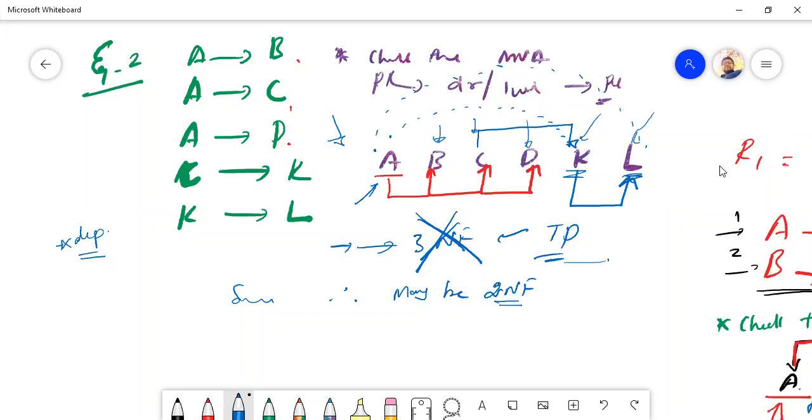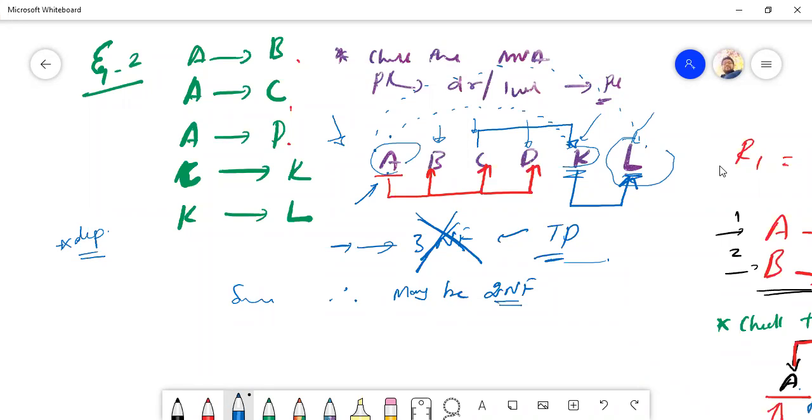B, C, D are directly depending on A. K is directly depending on C, and C is depending on A. So K is indirectly depending on A. The same story: L is directly depending on K.